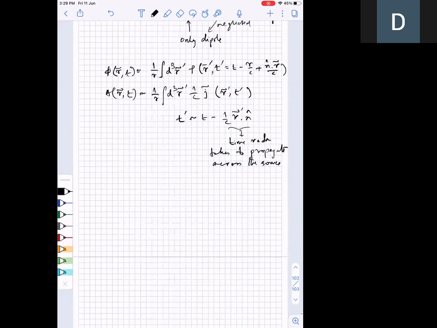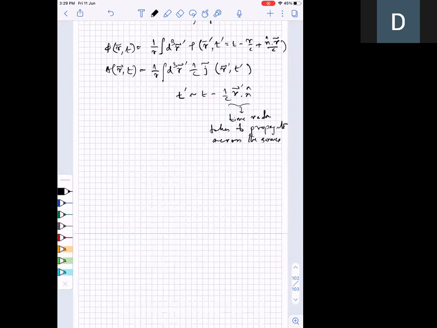Now if I look at the gradient of this, this kind of maths is given in your Arfken. Arfken does this in generality.